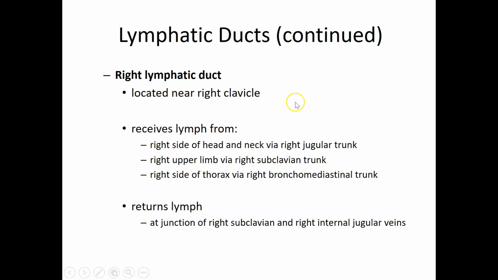The right subclavian, draining lymph from the arm and the wall of the thorax. And the right bronchomediastinal, draining lymph from the deep thoracic structures. And this dumps lymph into the juncture point of the right subclavian and right internal jugular veins.